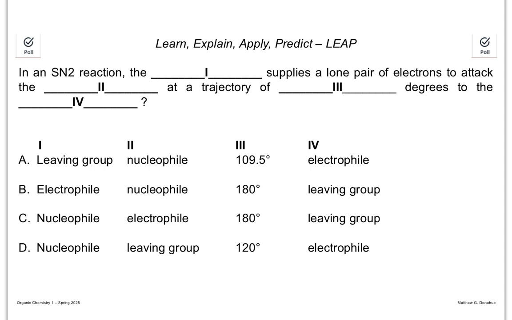Okay, so let's do some organic chemistry Mad Libs here. In an SN2 reaction, the blank supplies a lone pair of electrons to attack the blank at a trajectory of blank degrees to the blank.